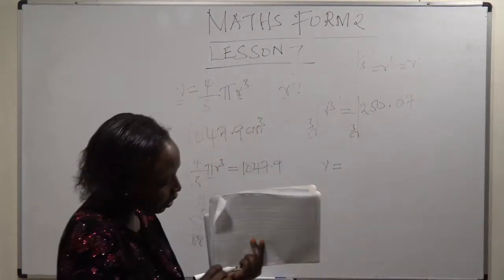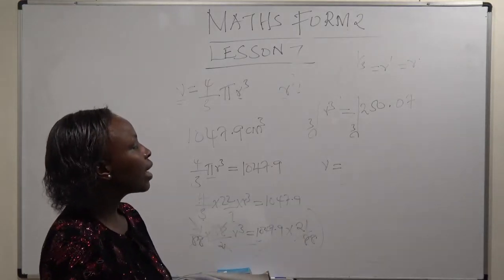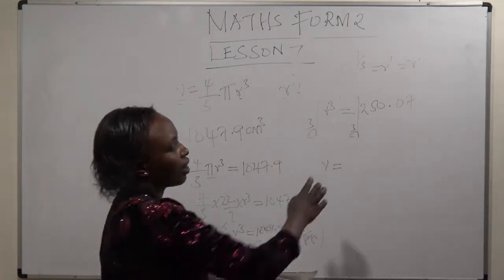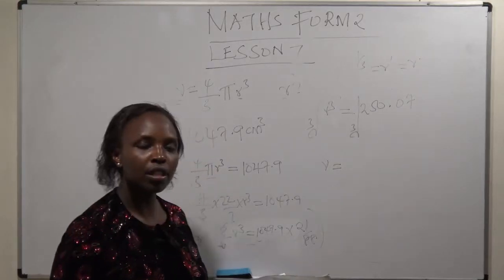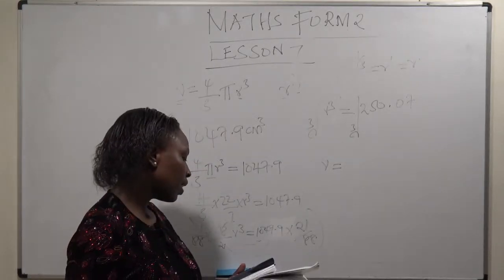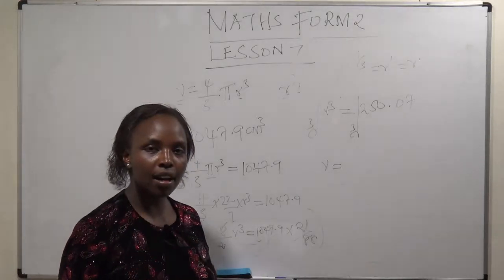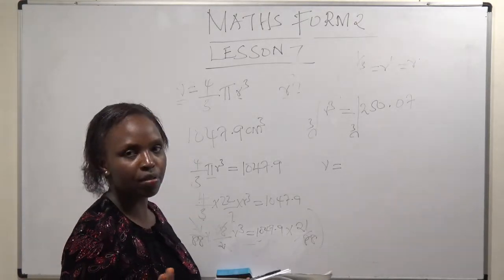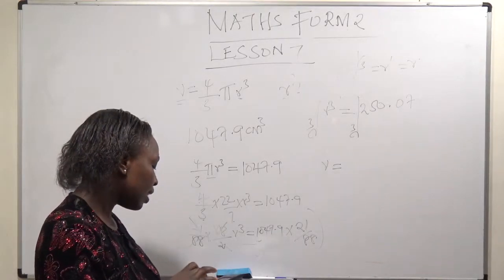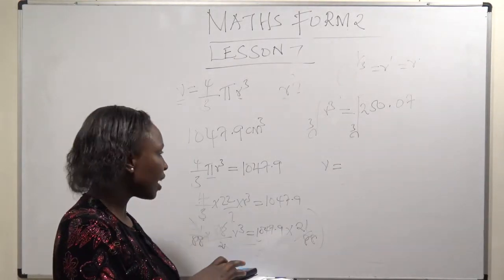Now, on the other side, to get the value of r, you have to look for the cube root of 250.07. You can use the mathematical table to get that.